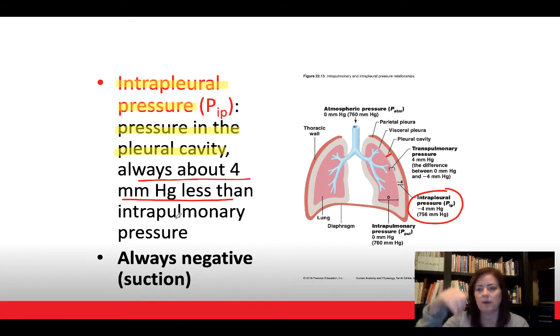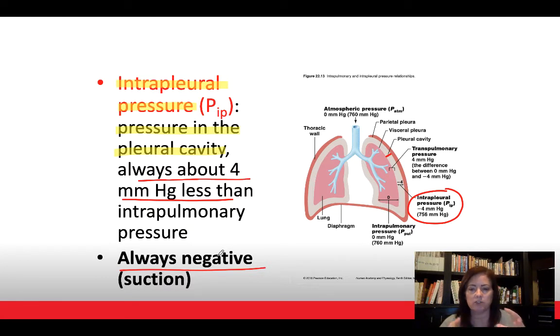Okay, so as our intrapulmonary pressure varies up and down when we inspire and expire, our intrapleural pressure is going to vary as well, but it always stays a little bit below the intrapulmonary pressure. And so what this does is this creates a negative pressure. So it's always going to be a negative pressure, which is actually a suctioning.